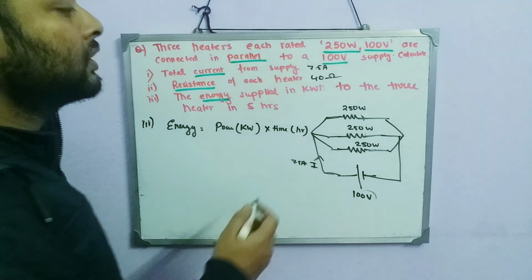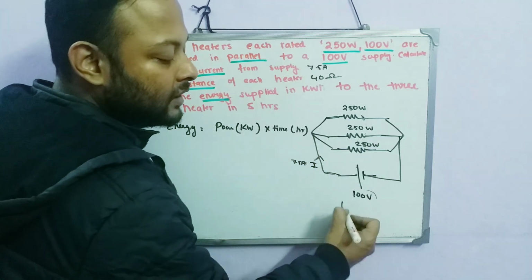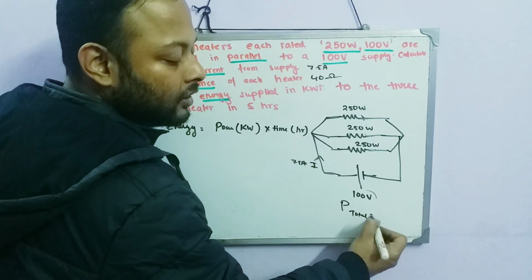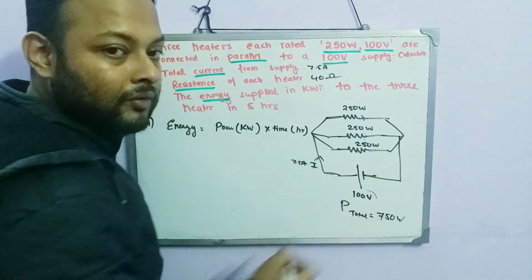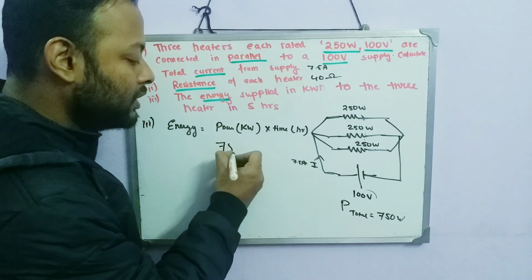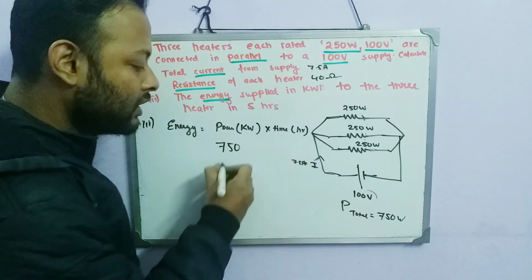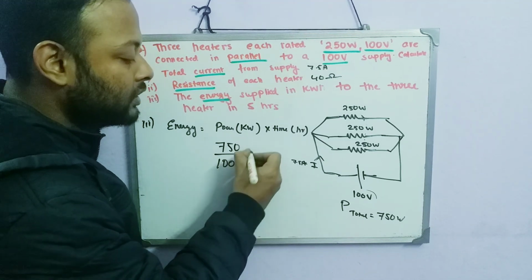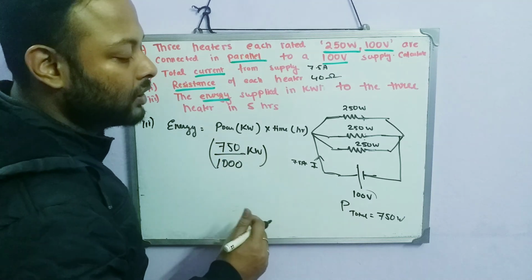Now power is how much? Entire power 250 plus 250 plus 250. So the entire power total is 750 watt, because we have to add the 3 powers. So power becomes 750 watt, but since I have to calculate in kilowatt, I have to divide by 1000. Now I got it. Power is 750 by 1000 kilowatt.